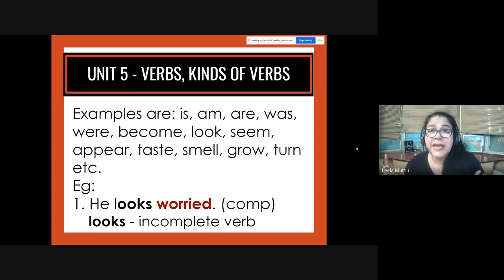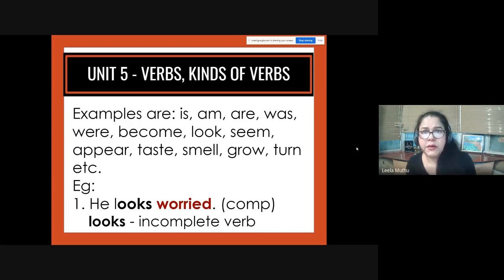It smells heavenly. You have to add a word. It smells what? Heavenly. You have to add a complement to the verb after the verb to make it have complete sense. So what you add is the complement, and the verb which is incomplete without that complement is an incomplete verb.